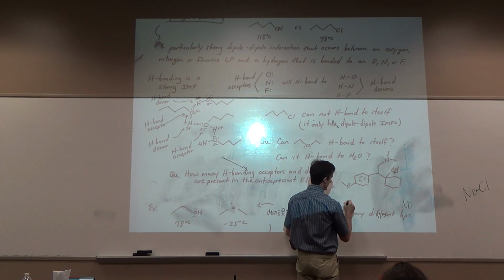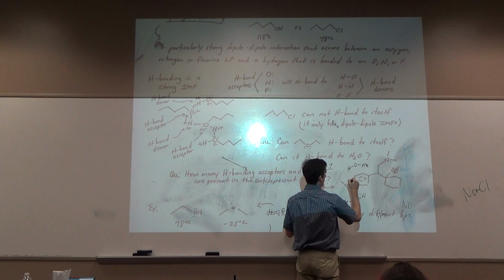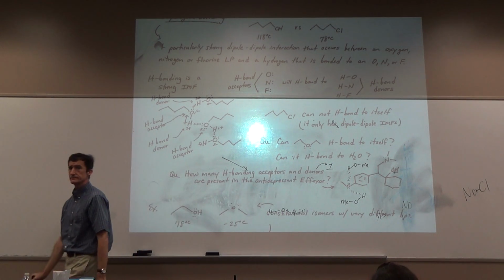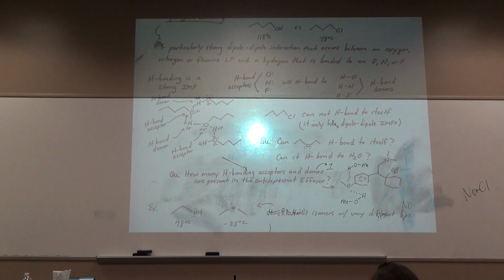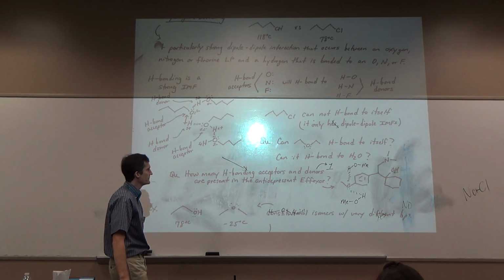What if it's in methanol or something? Maybe that one can, and then maybe that one can. Can each lone pair hydrogen bond? I think that's a vagary in the question. Sometimes they can, sometimes not.